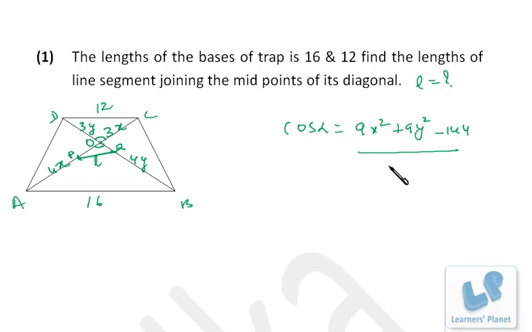By 2 times this into this, 2 times 3y into 3x, right? And this is also alpha. So again I'm taking cos alpha for this triangle OPQ. I equate the cos alpha because the cos alpha will be the same.